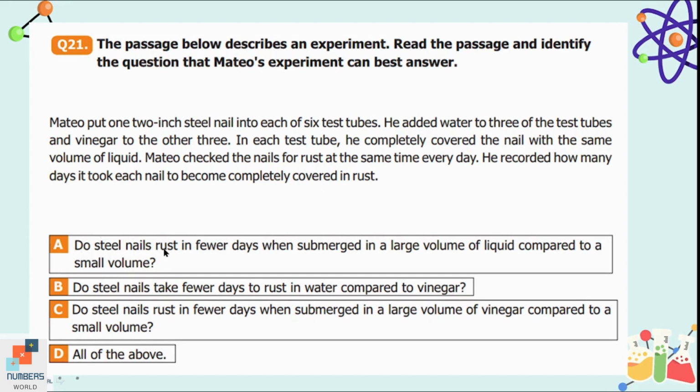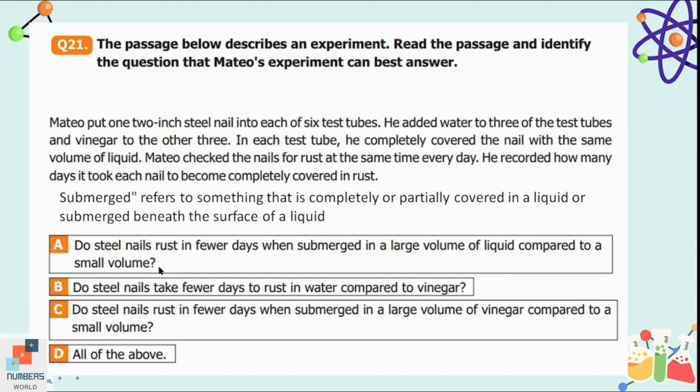Option A is, do steel nails rust in fewer days when submerged in a large volume of liquid compared to the small volume? Submerged refers to something that is completely or partially covered in a liquid, or beneath the surface of a liquid. So Matthew's experiment is not about that. Option B is, do steel nails take fewer days to rust in water compared to vinegar?